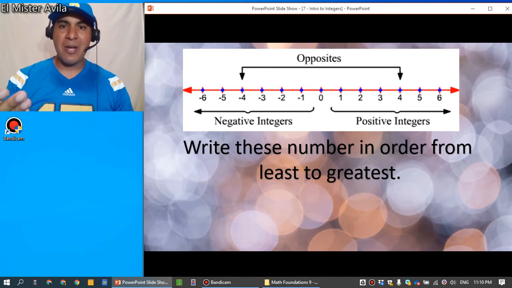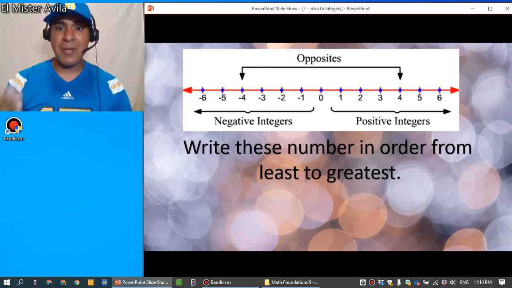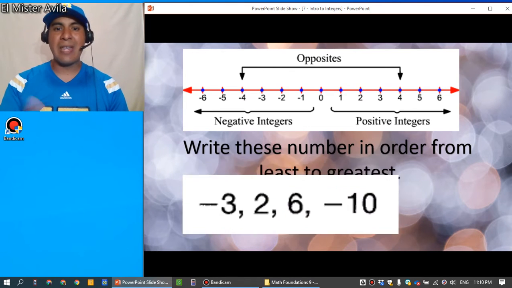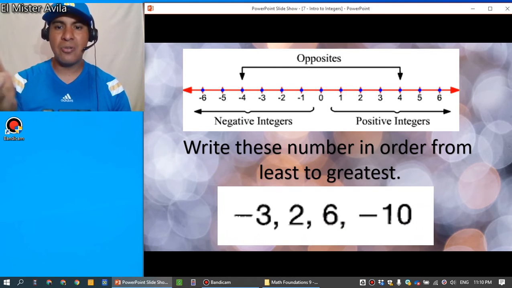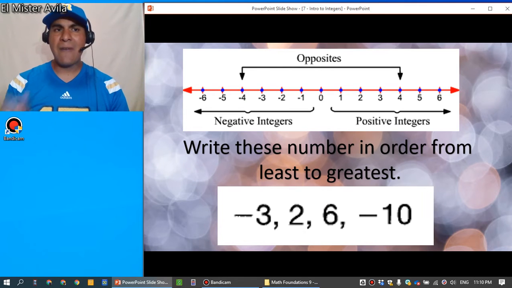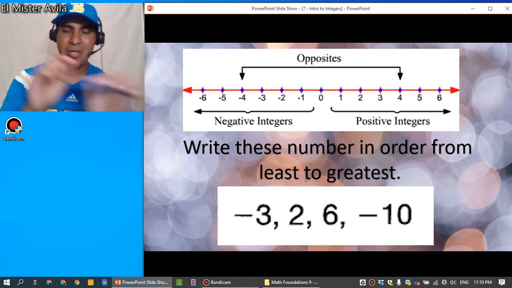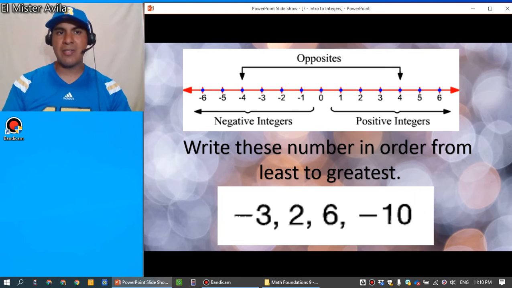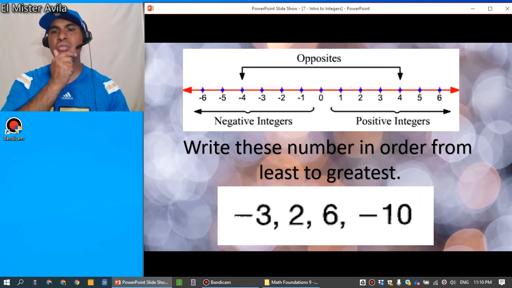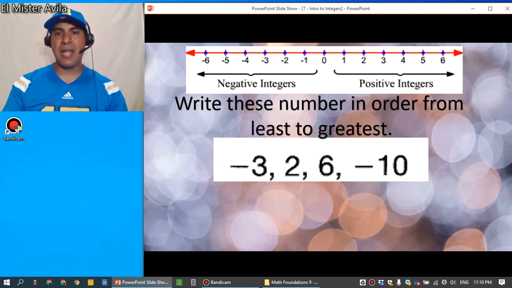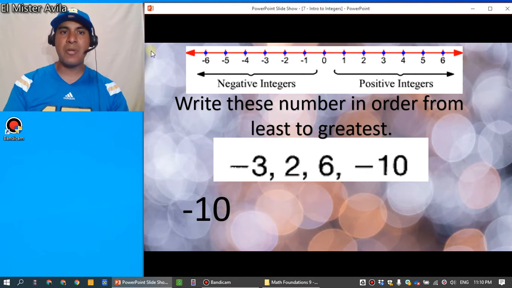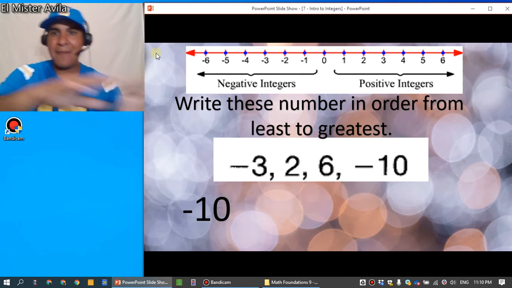One of the important parts about dealing with integers is being able to put them in order from least to greatest. For example, if I give you these numbers, -3, 2, 6, and -10, and I ask you to put them in order from the smallest number to the biggest number, which one would be the smallest? Think about it. -3, 2, 6, or -10. Which is the smallest? What do you think? Well, if we look carefully at our number line, the smallest number would actually be -10, because -10 would be first counting from left to right.